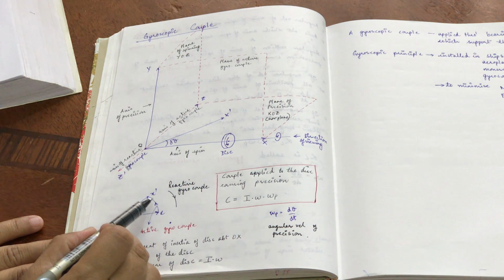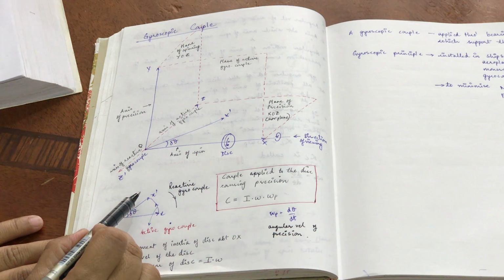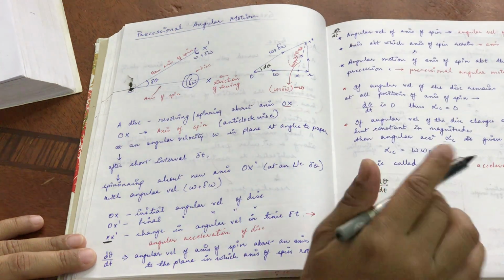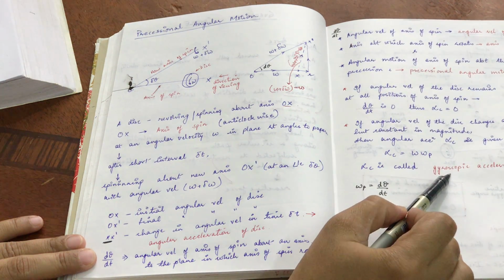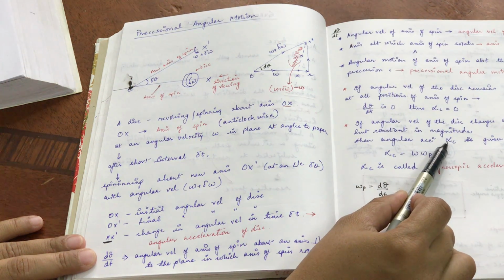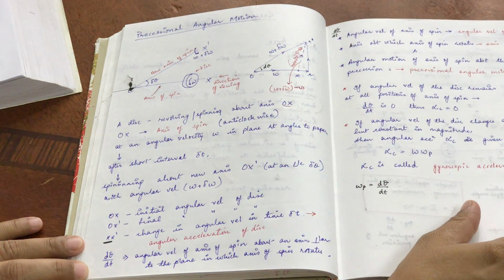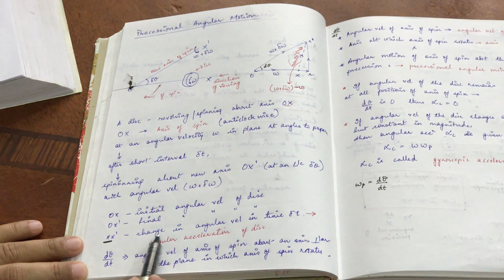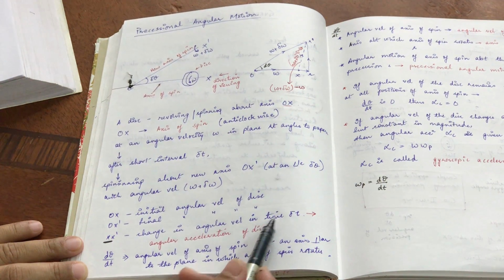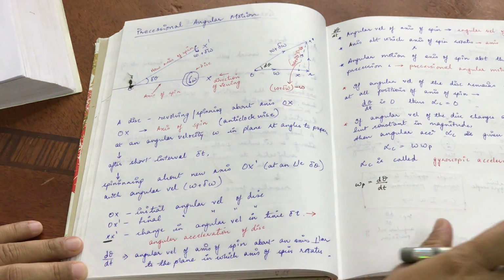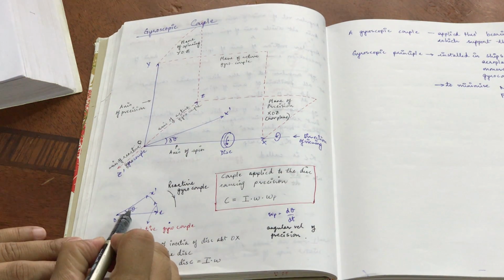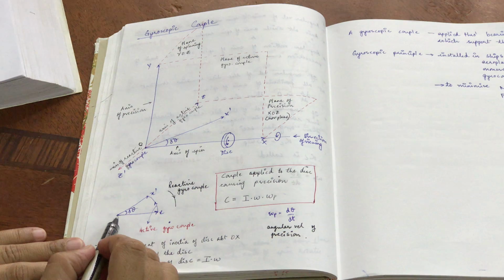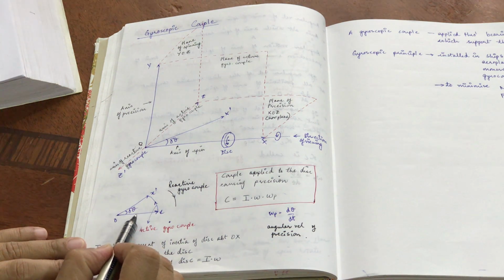This is the change in angular momentum, and we learned in the previous class what is gyroscopic acceleration, angular acceleration alpha c, the change in angular velocity in time dt, that is x dash.